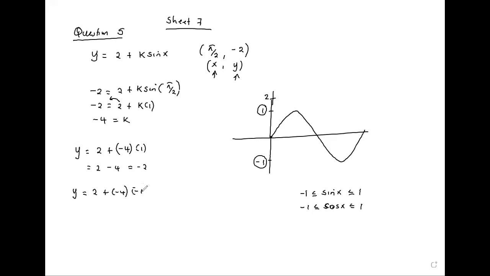When sine gives us negative 1, what will happen is that we'll have 2 plus 4, which is equal to 6. This means that y will have its greatest value as 6.